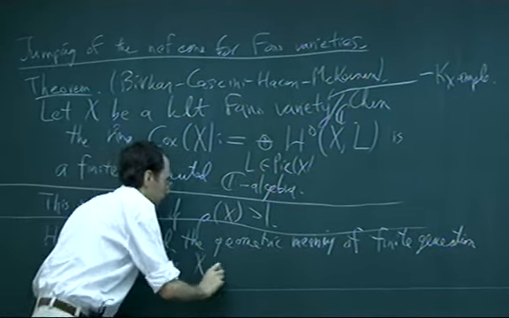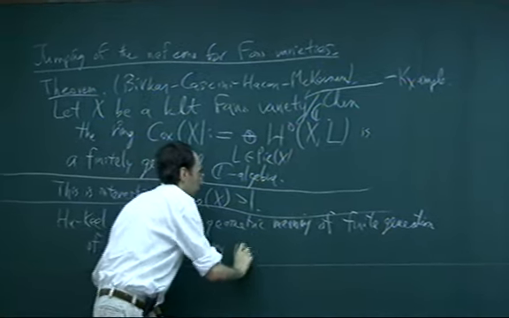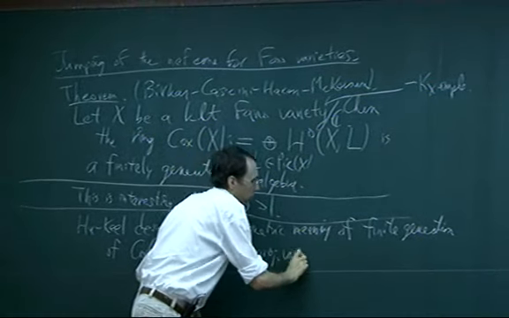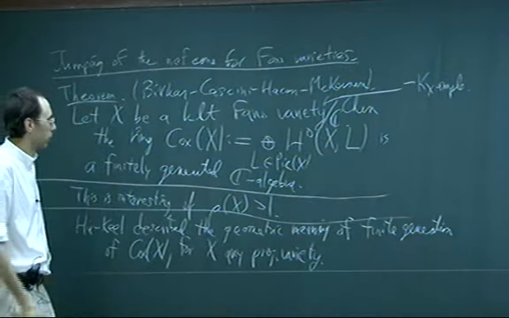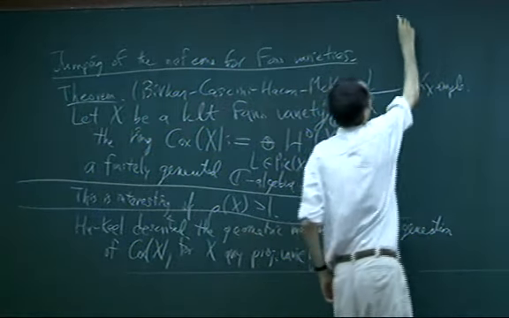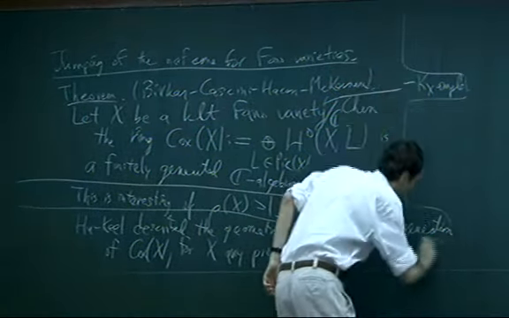So in other words, if you have some projective variety where this ring is finitely generated, what does that tell you about X in geometric terms?